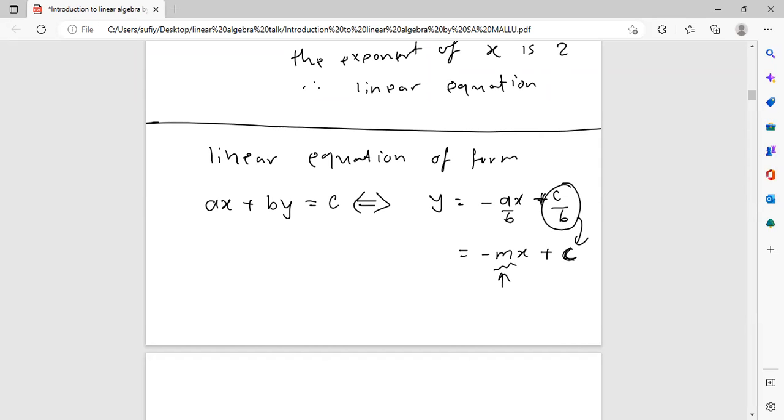So whenever you see an equation of the form ax plus by equals c, we are talking about straight lines.